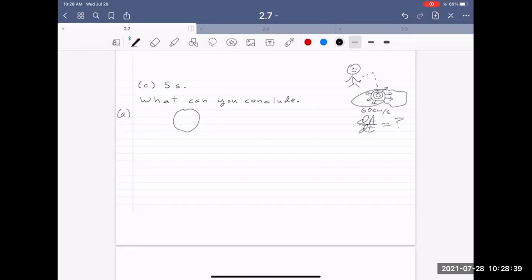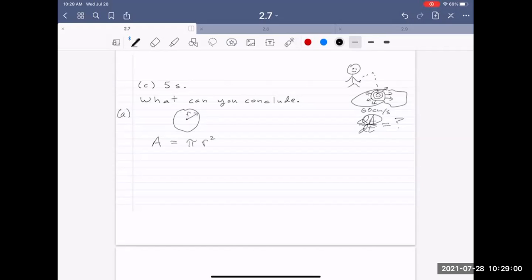So I have to figure out a formula for the area. Let R be the radius of your circle. The area of a circle of radius R is pi R squared.